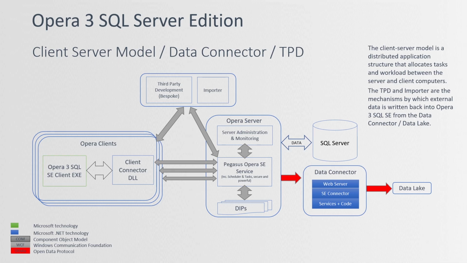We've got the data connector there, which, via the web server with an SE connector, provides services and code. Now, the client-server model is a distributed application structure that allocates tasks and workload between the server and the client computers. The TPD and importer are the mechanisms by which external data is written back into Opera 3 SQL SE.